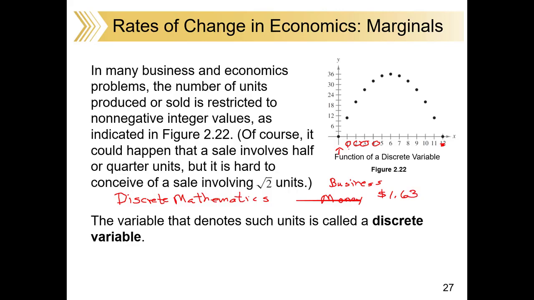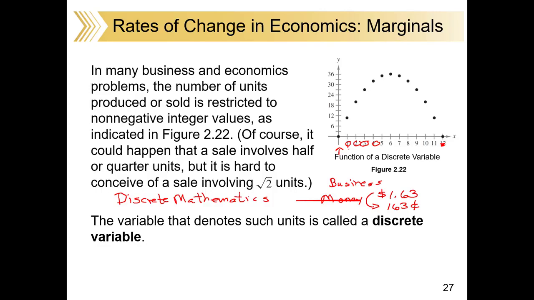Okay, there's a decimal, but let's change it so we write it a different way. This is 163 cents. Now we can buy something or sell something for 163 cents.